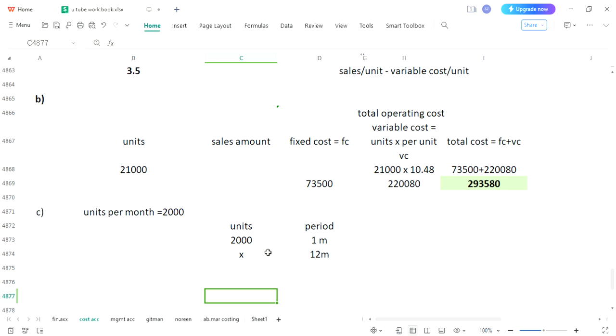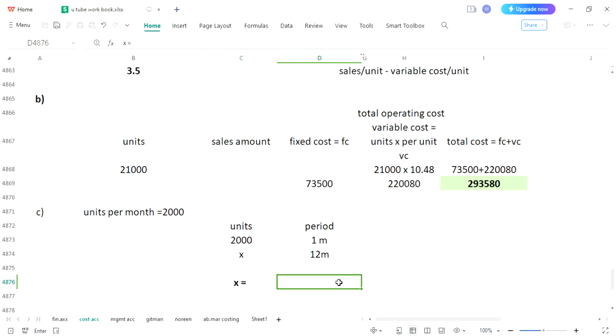X would be multiplied with 1, you will get X on the left side. On the right side, following the rule of cross multiplication, X is multiplied with 1 and 2000 would be multiplied with 12.